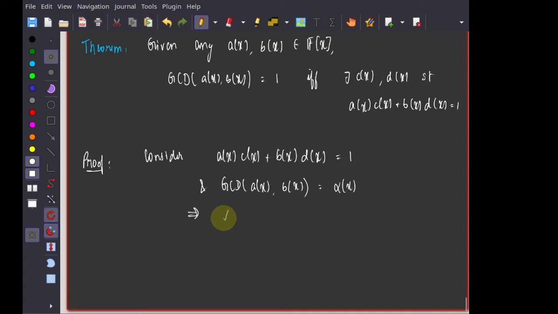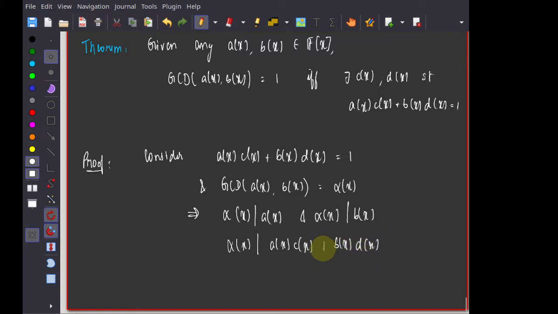Okay. So since alpha of x is the GCD of a of x and b of x, we know that alpha of x divides a of x and alpha of x divides b of x. Correct? So alpha of x must divide a of x c of x and b of x d of x, and therefore a of x c of x plus b of x d of x.